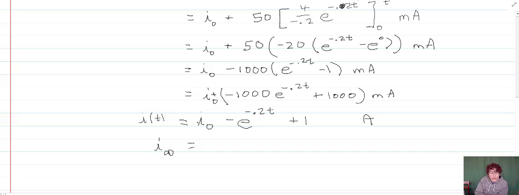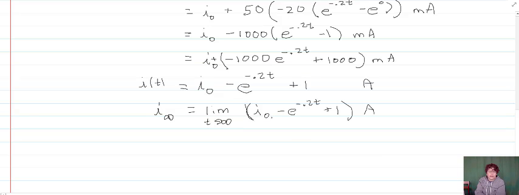So we don't know what I naught is, but we do know that this expression works for I at any time t. So I at infinity is going to be the limit as t goes to infinity of I naught minus e to the minus 0.2t plus 1 amps.